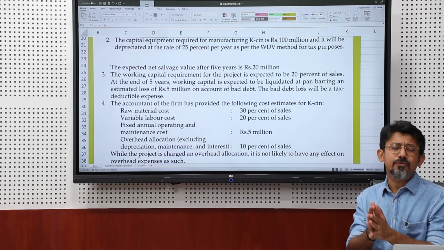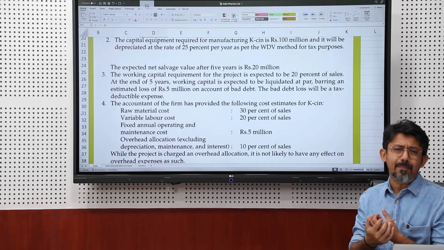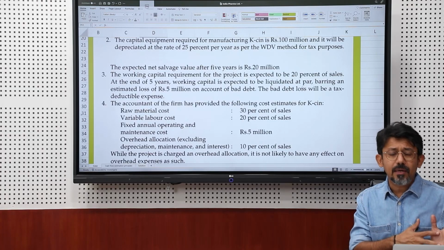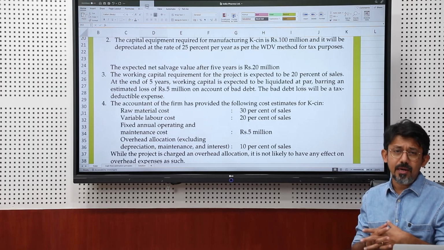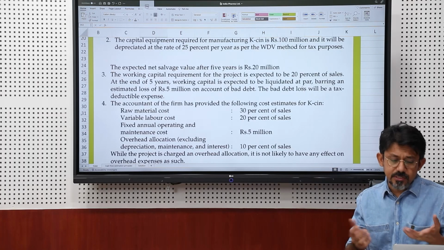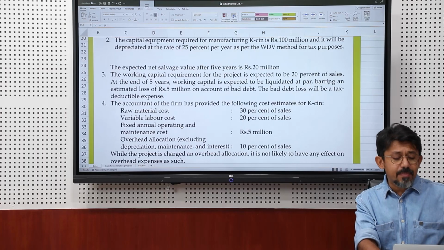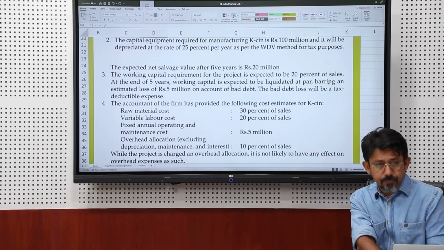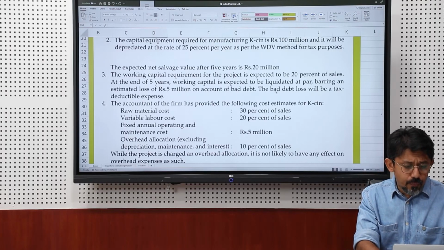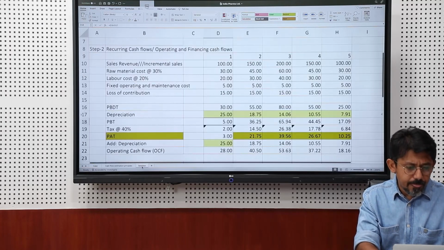So, the net cash flow tied up in working capital in the beginning of the project is released at the end of the project, except for certain losses, like you were told, estimated loss of 5 million on account of bad debt. We will consider this as we move on.